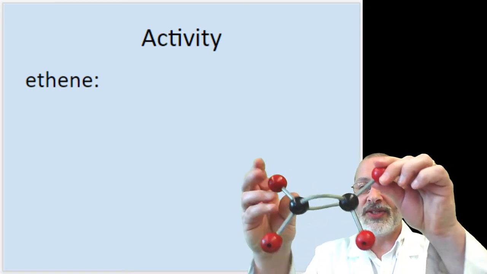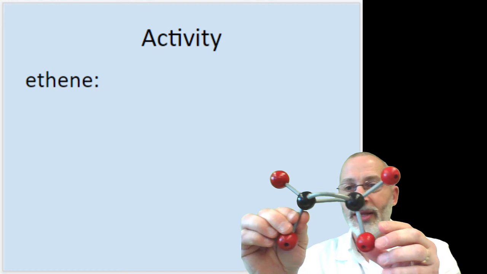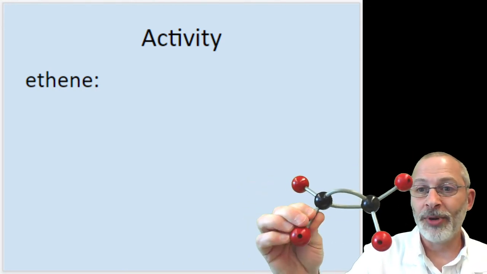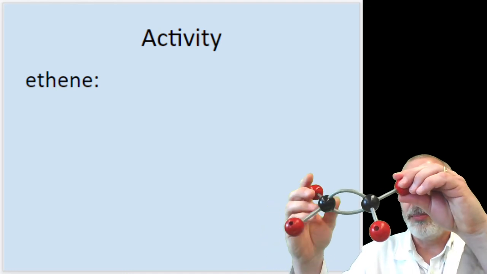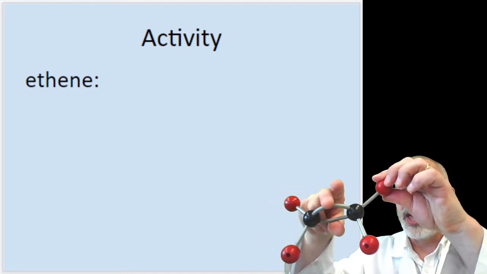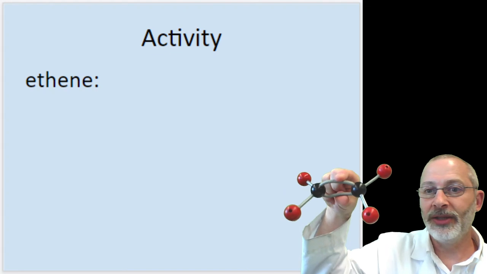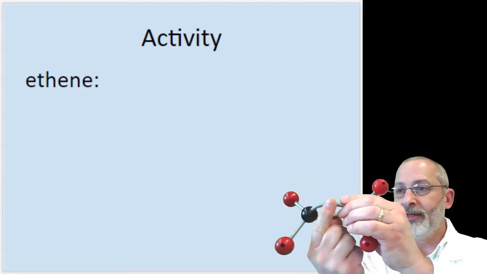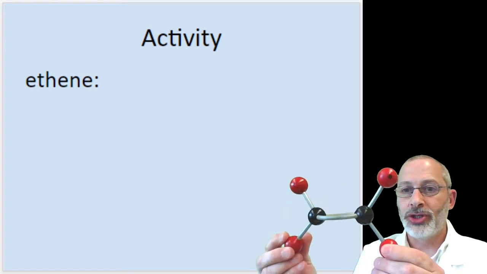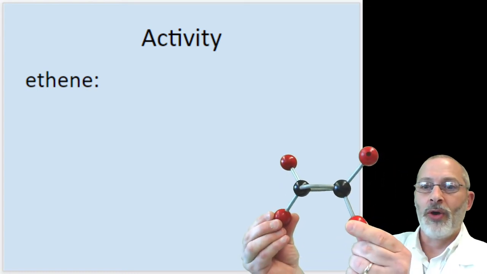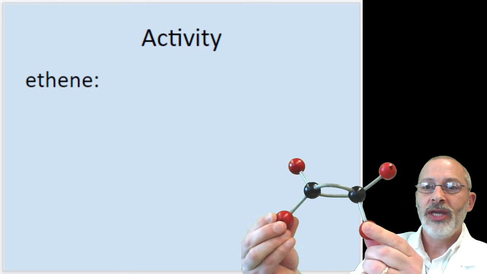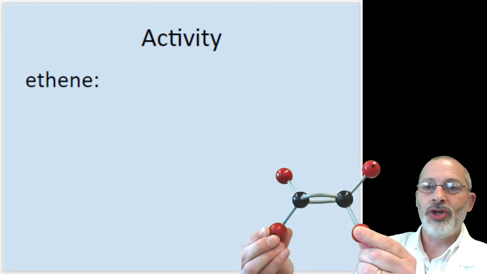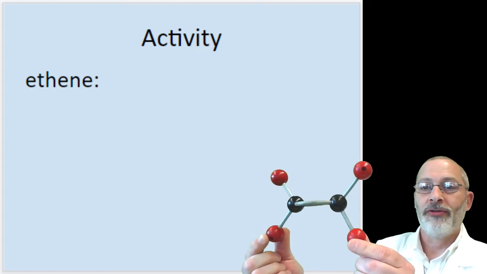Here is a three-dimensional model of ethene. Notice the number of carbons and the type of bonds that exist between the two. I'm going to hold this ethene and try not to get my fingers too much in the way here, so that you can draw your structural formula and then your molecular formula.